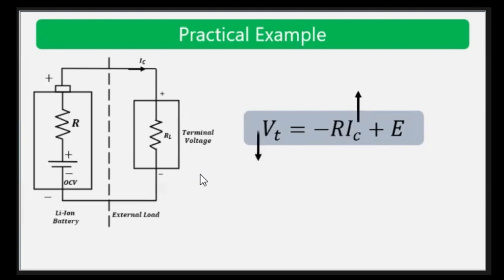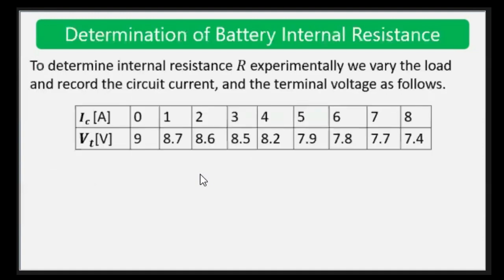No current, so I into R is 0. So VT is going to be 9 volts. That is the open circuit voltage. Then you calculate for 1 ampere: what is VT? You change the load, get 2 amperes, and calculate the VT. So you change the current and you calculate the VT. So this is a practical example.